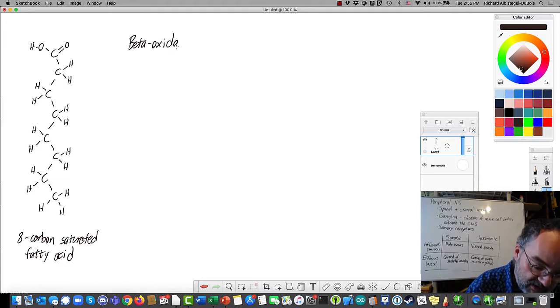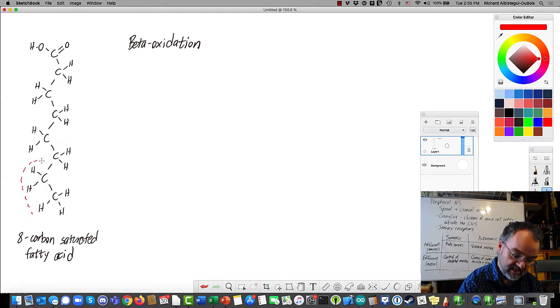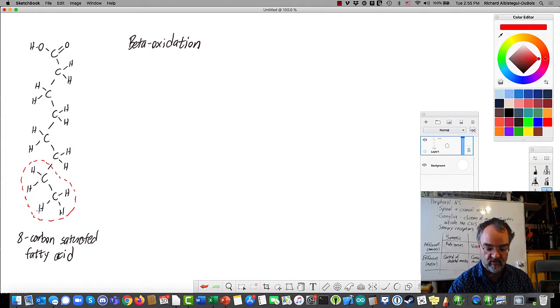We're not going to go into all of the details on exactly how beta oxidation works. The short version is we take the last 2 carbons in the molecule and we break them off, forming what's called an acyl unit.